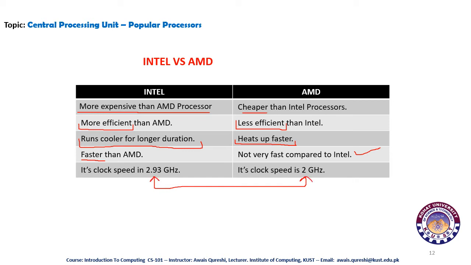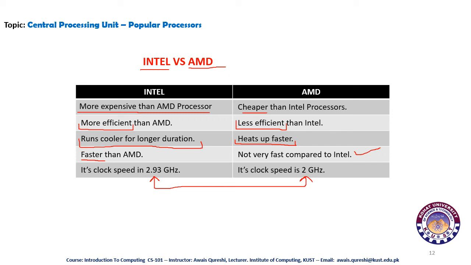Intel has a series Core i3, Core i5, Core i7, and Core i9. Similarly, AMD also has a series with different naming conventions like Ryzen 3, Ryzen 5, Ryzen 7, and Ryzen 9. So these are the standard naming conventions used by Intel and AMD.